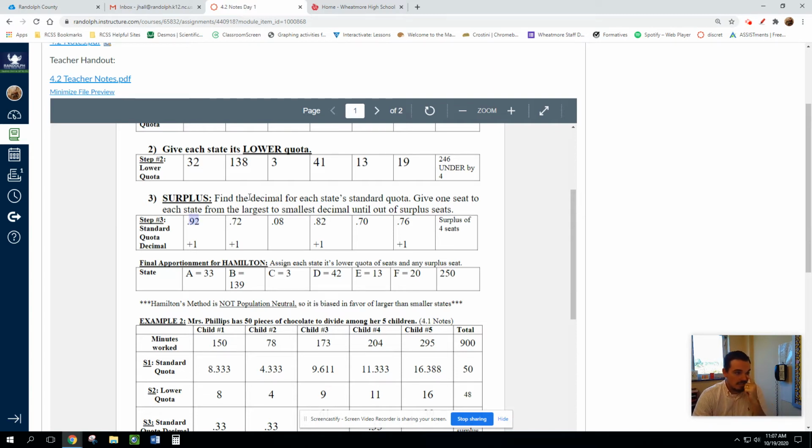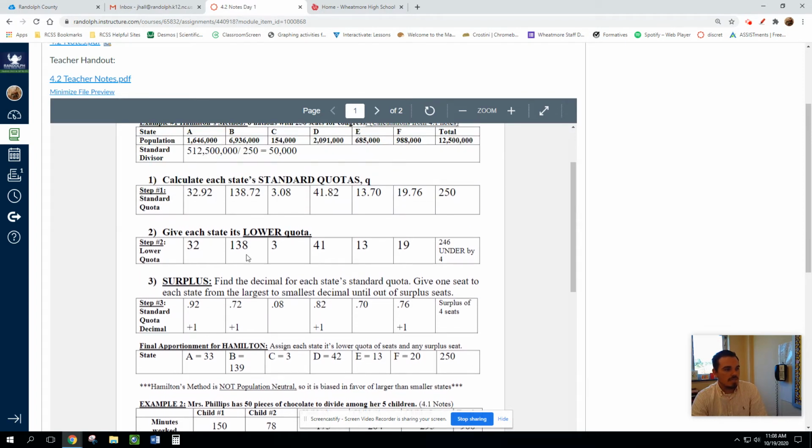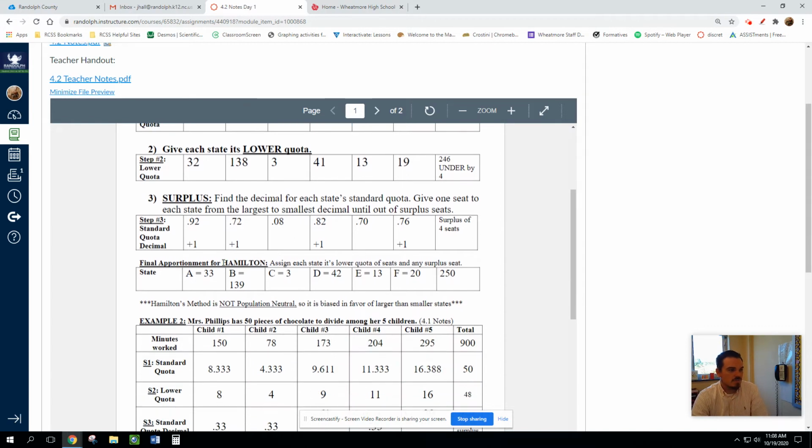The highest 4 decimals here, because it's got to be 4, are 0.92, 0.71, 0.87, and 0.67. So the surplus of those 4 seats is given out to state A, state B, state D, and state F, because they had the higher decimals. Then we just add that back into the allocation of the seats, so that everybody gets at least their lower quota.